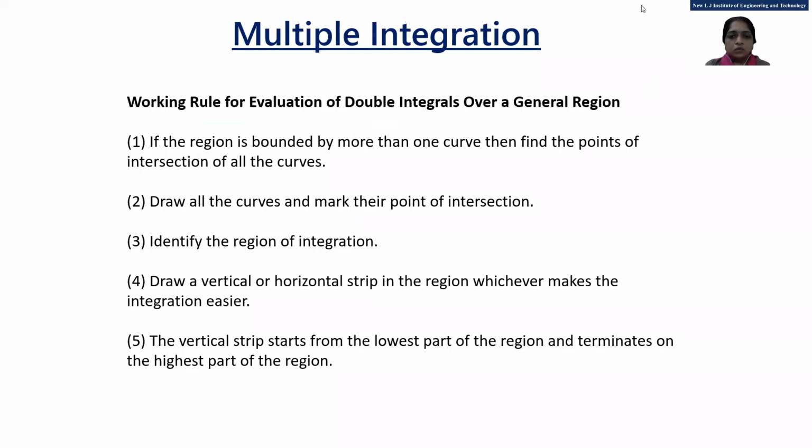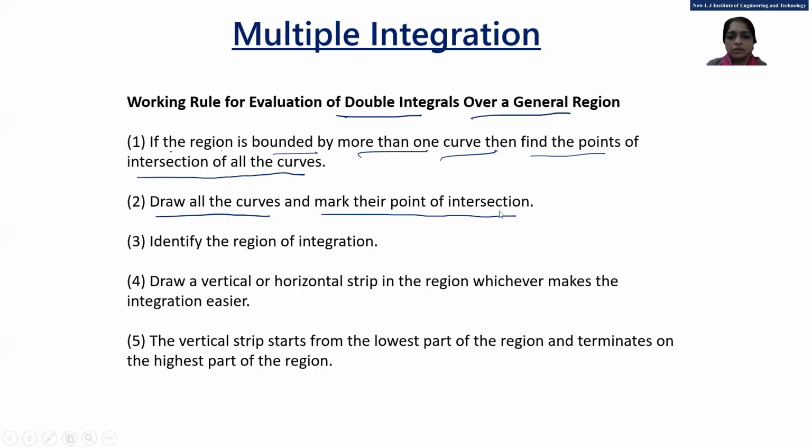Now, the working rule for the evaluation of double integrals over a general region. If the region is bounded by more than one curve, then find the point of intersection of all the curves. First rule: draw all the curves and mark their points of intersection. Identify the region of integration.